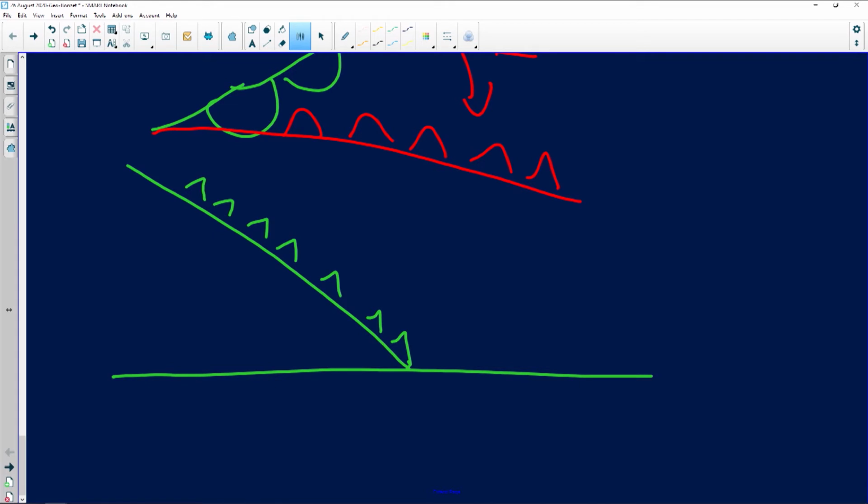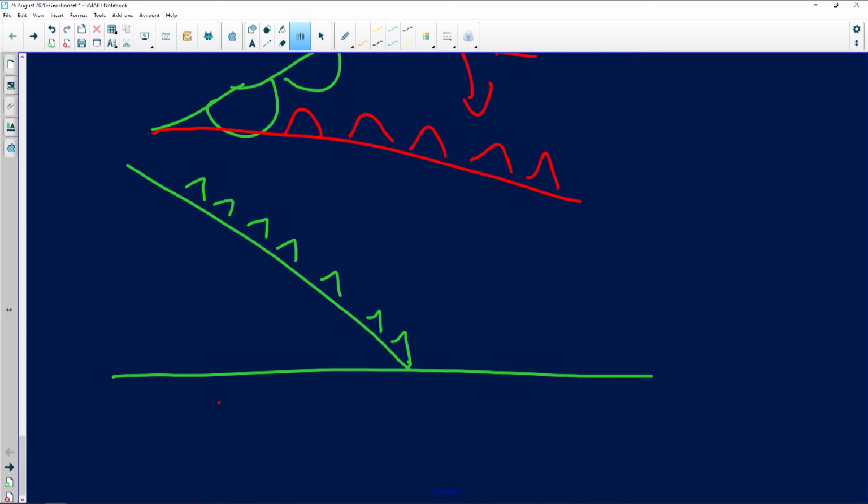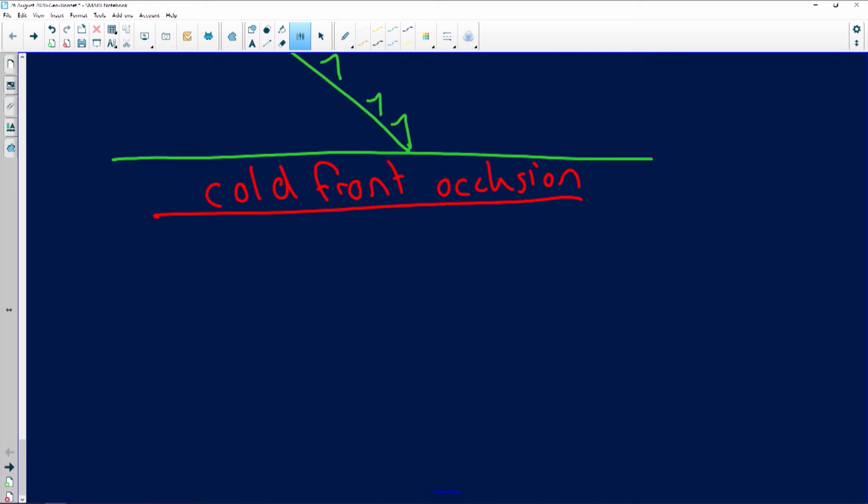Now, when the cold front caught up with the warm front, they will be occluded as such. Now, with a cold front occlusion, okay, I'm going to explain the cold front occlusion first. With a cold front occlusion, I'm going to make it very simple.